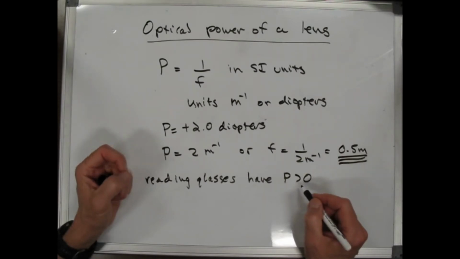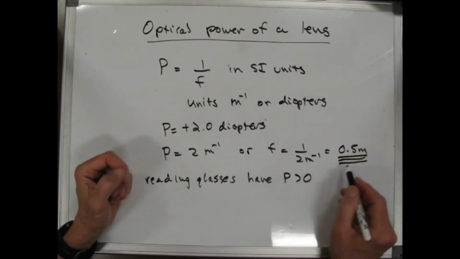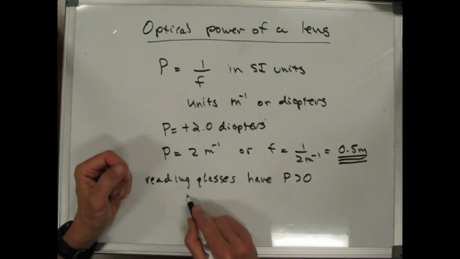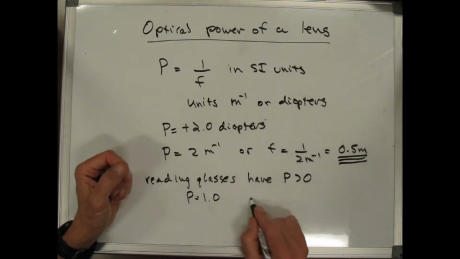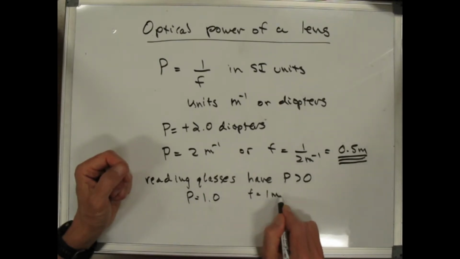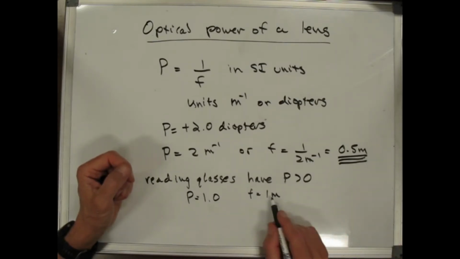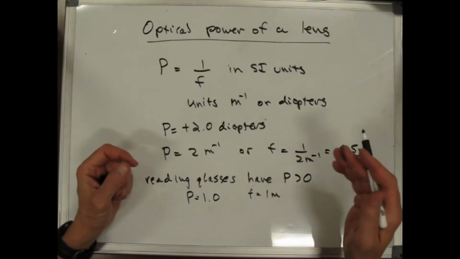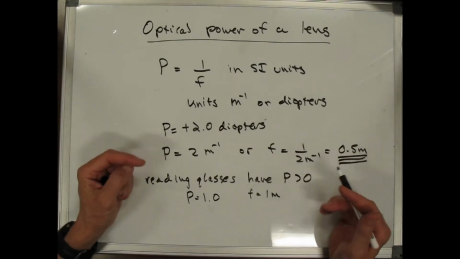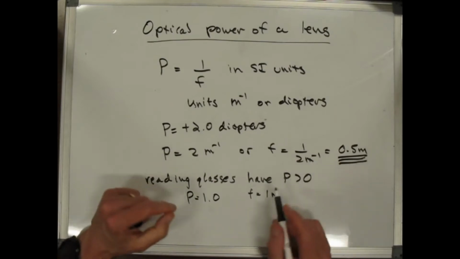And so a power of 1.0 means the focal length is 1 meter. That's a pretty long focal length. Generally, if anything is longer than that, you don't need any correction to your eye, because you're trying to bring something into focus that's a meter away, and your eyes are already pretty good.